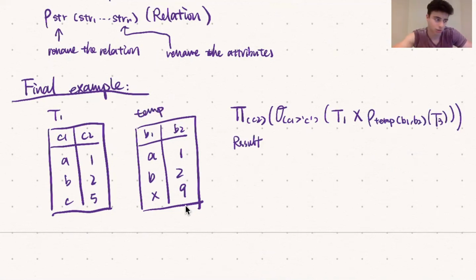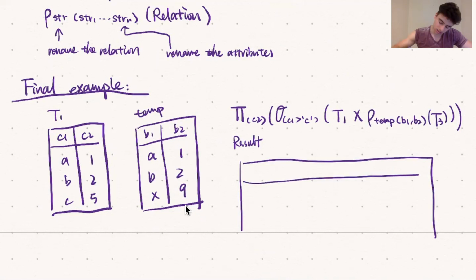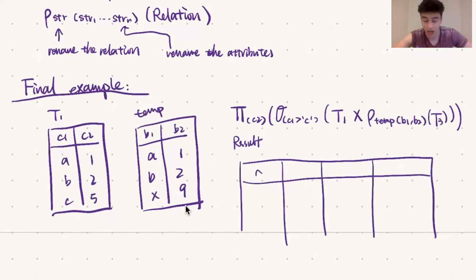The next one is a little more cumbersome. It's the join. So now we need to take every tuple of T1 and combine it with every tuple of temp. Well, okay, so this is a little less nice because now we have 4 attributes here. We need C1, C2, B1, my bad, and B2. So those are our 4 attributes, and we fill them in like so, with each tuple of T1 pairing with each tuple of temp.